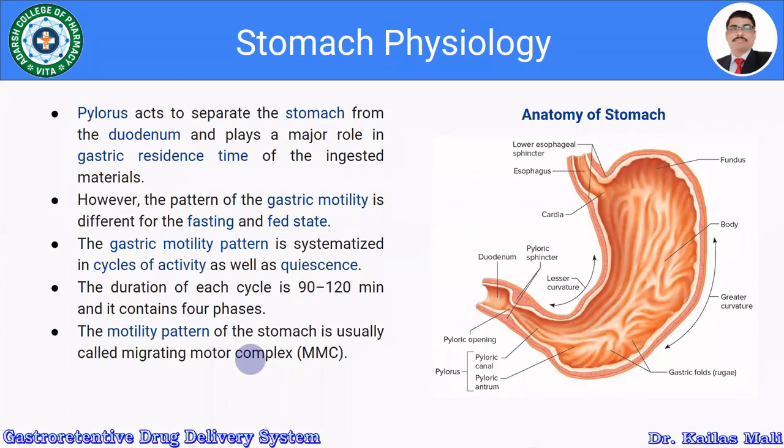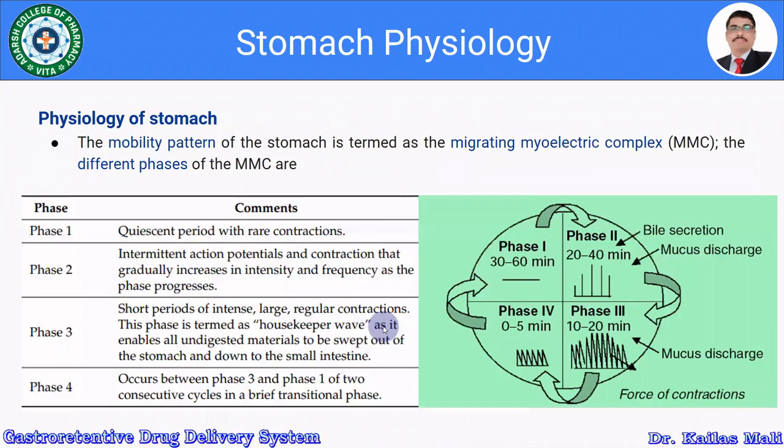Let us see the migrating motor complex, that is the motility pattern of the stomach. The motility pattern of the stomach is termed the migrating myoelectric complex. The different phases of MMC, that is the migrating myoelectric complex, are phase 1, phase 2, phase 3 and phase 4. Phase 1 lasts for 30 to 60 minutes.